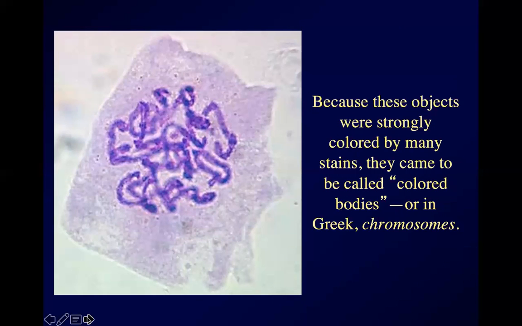And these little stringy things that you could only see when the cell was dividing came to be called colored bodies because they were strongly colored by stains. Or more usually, we use the Greek word for colored bodies, chromosomes. This may be a term that you've heard before. And that's why we call it this, colored bodies, when you stain them.